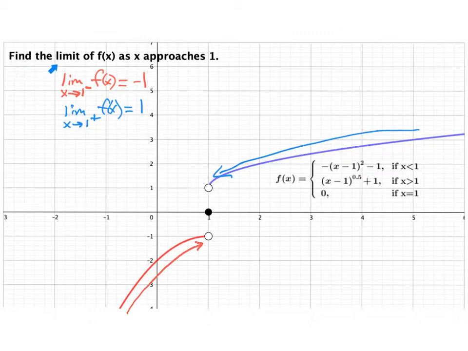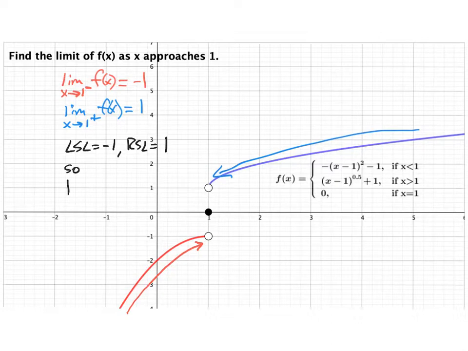Now let's take a look at the overall question. Find the limit of f of x as x approaches 1. Recall that we have to consider the left-hand side limit and the right side limit to determine this. So our left side limit equals -1, and our right side limit equals +1.